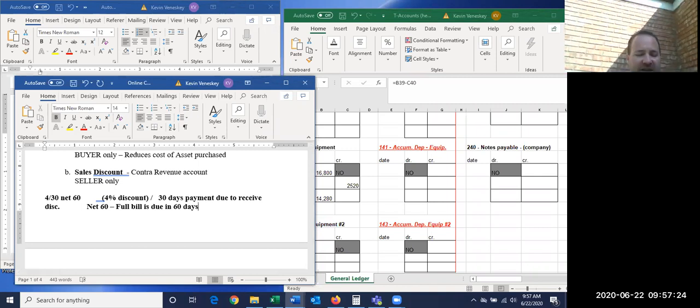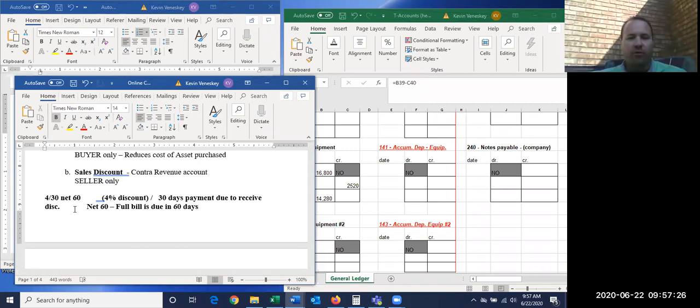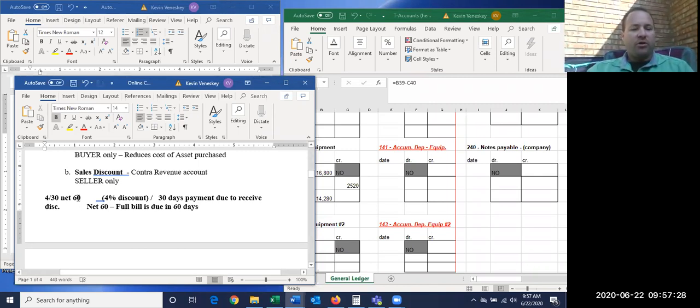So if you don't take advantage of the discount, paying within 30 days, then your total bill is due in 60 days before maybe late fees come in or interest comes in or penalty of some sort. That's what that is saying. So when we break it down, 4% discount if paid in 30 days. Otherwise, full payment is due in 60 days.